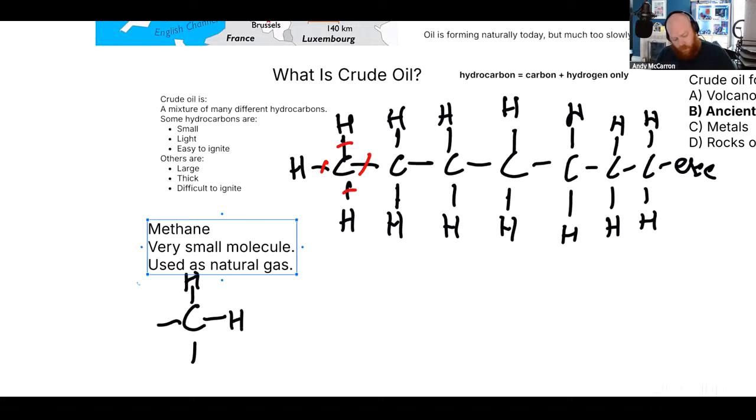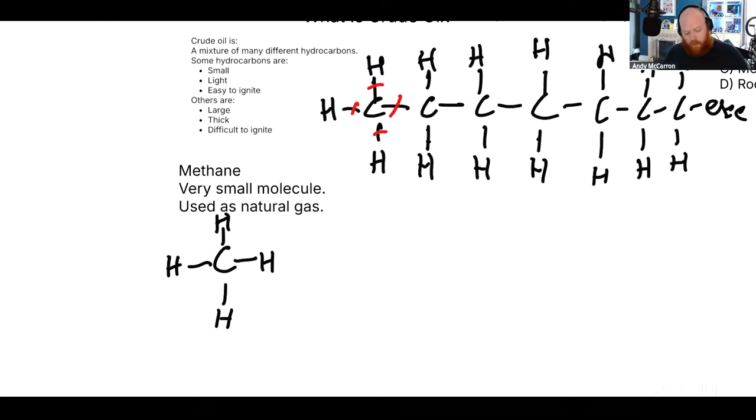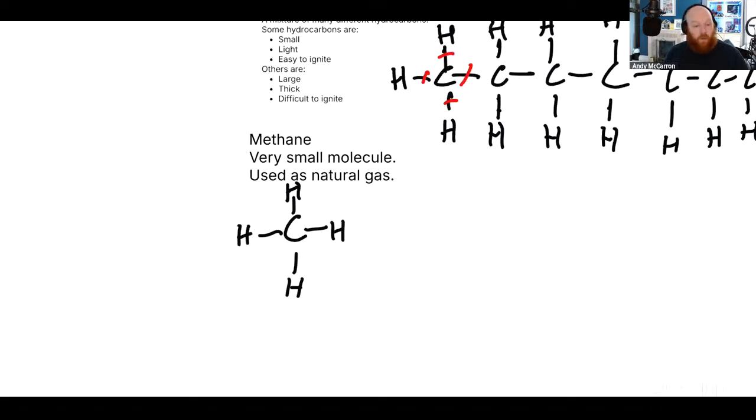So this is what it would look like structurally. And if I was to write its chemical formula, it would be CH4. So one carbon, four hydrogens.